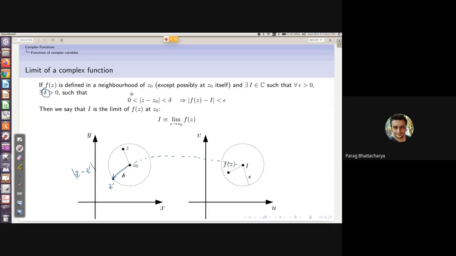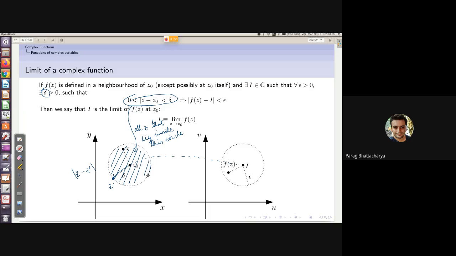So when I say 0 less than modulus z minus z naught less than delta, what does it mean? It means all the z values which lie inside this circle.